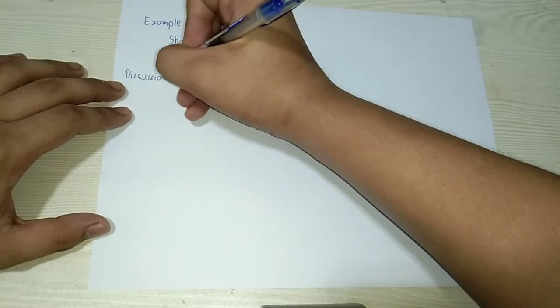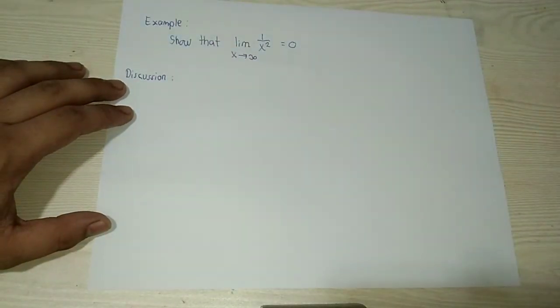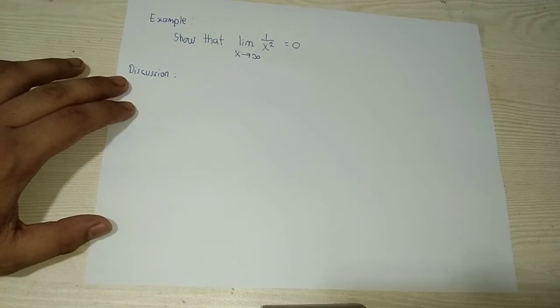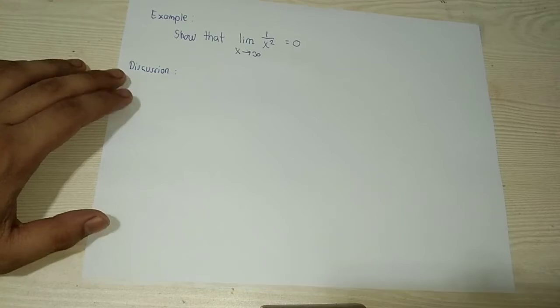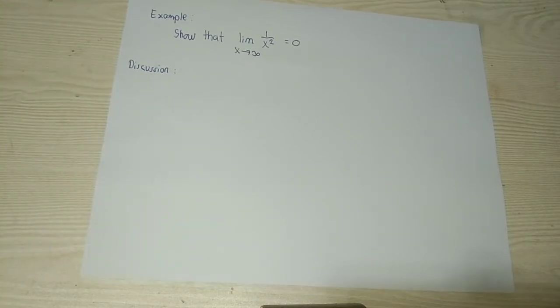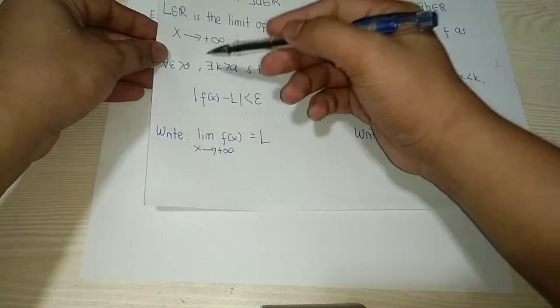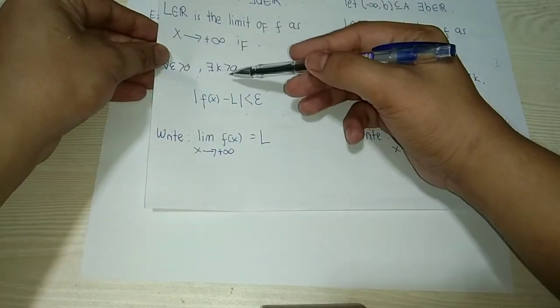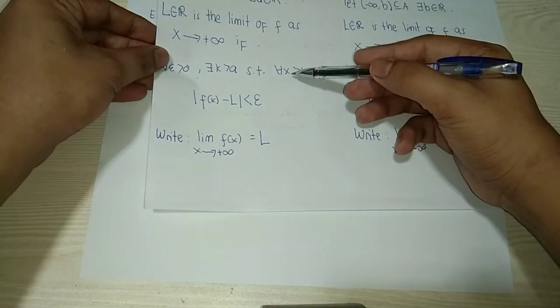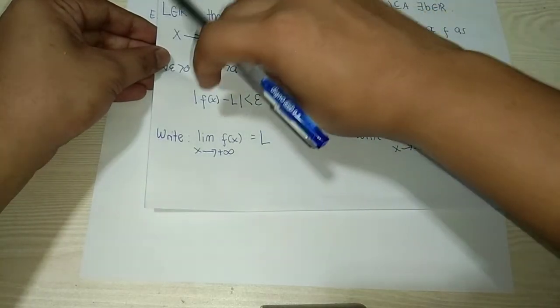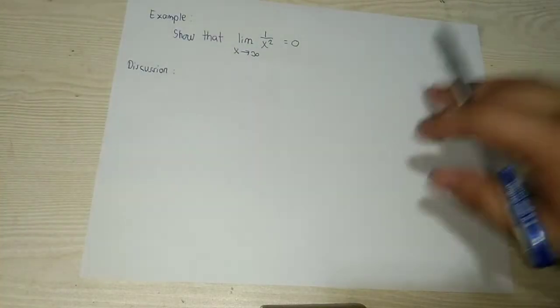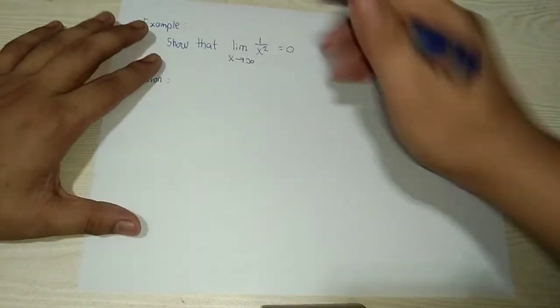What we will do in the discussion is find the value of k. What is the possible value of k to satisfy the definition? Because according to the definition, there must exist k. So, for any positive epsilon, there must exist k such that for all x greater than k, this must be satisfied. So, we will find k.